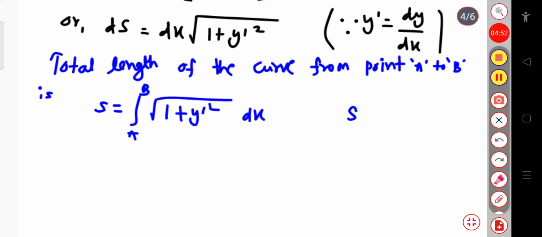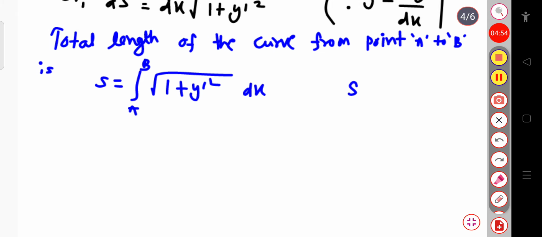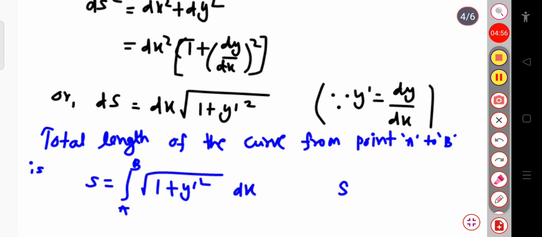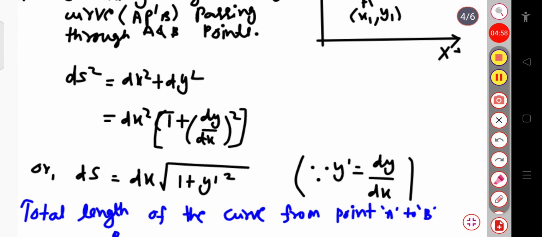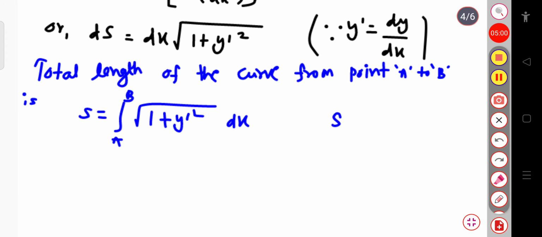You can choose this ds or df, whatever. Here we have considered this displacement as ds. After integrating for the total length, we get S equal to this much. Also we know this S, or simply if I write I, equals the integration of f dx, where f is a function of y prime and x.